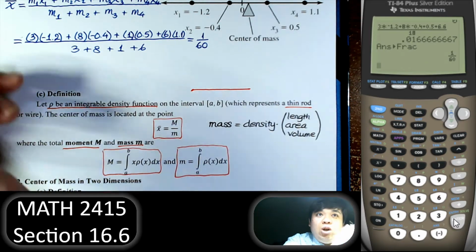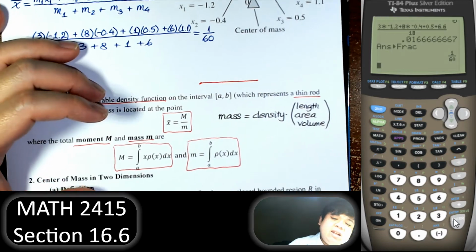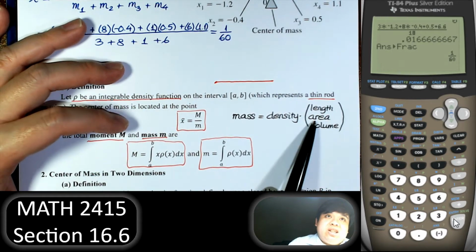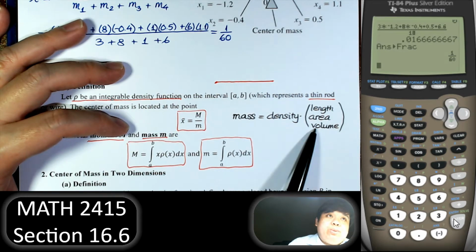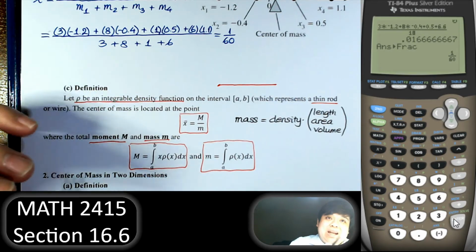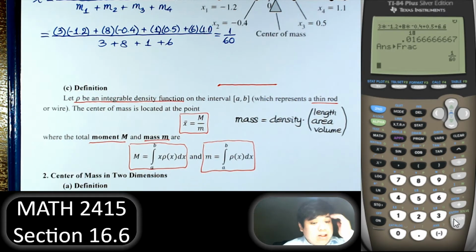In this case, in 1 dimension it is length, in 2 dimensions it is the area, and in 3 dimensions it is the volume. And the moment is equal to mass times the distance. I said not much in 1 dimension. We just have a thin rod or a wire, and that's all we have.